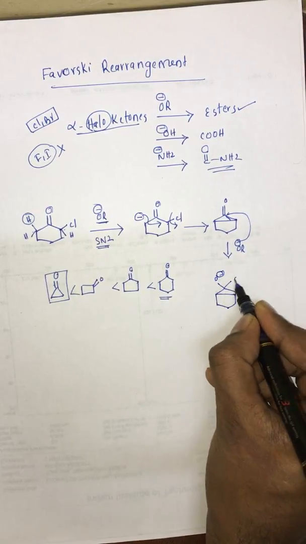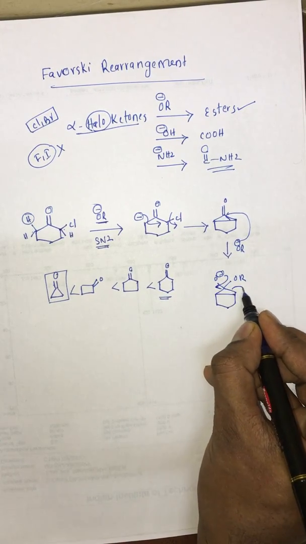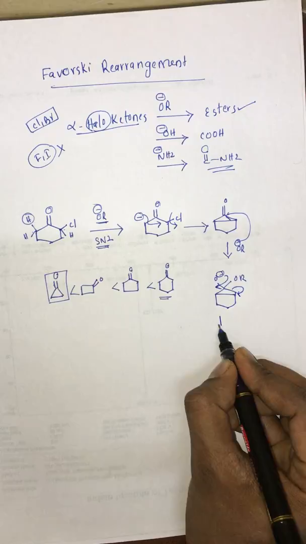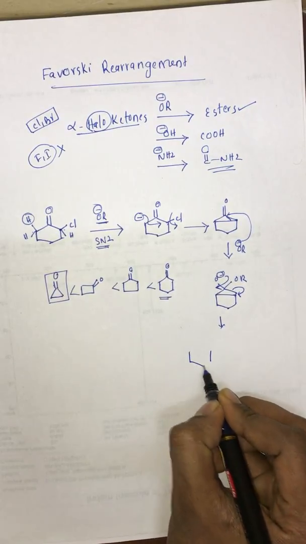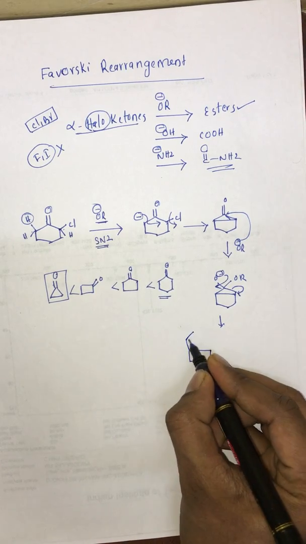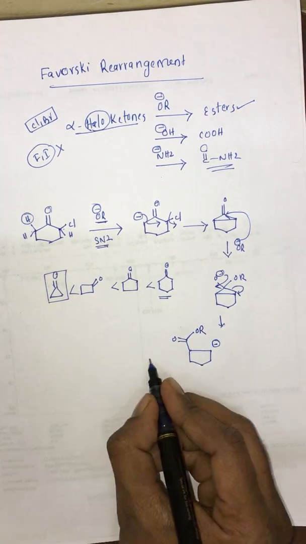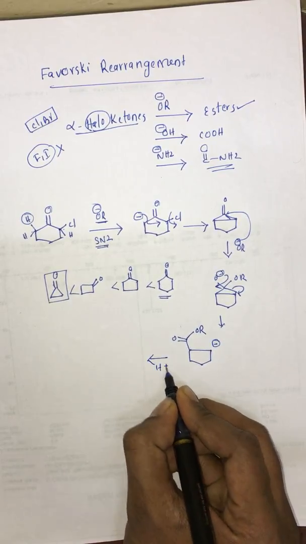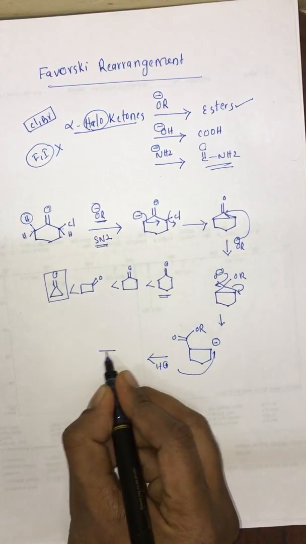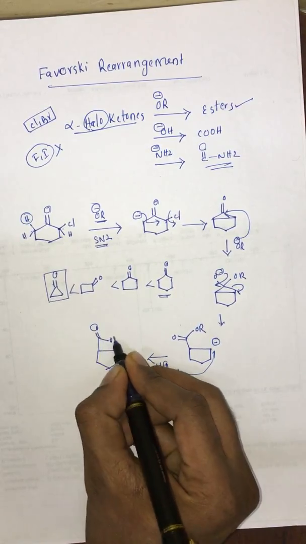this will be O minus and OR, and this bond opens like this. Now COR and a negative charge, and further H plus goes here, so we get this product.